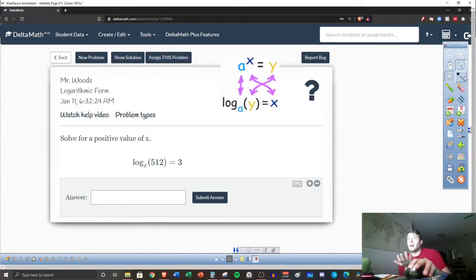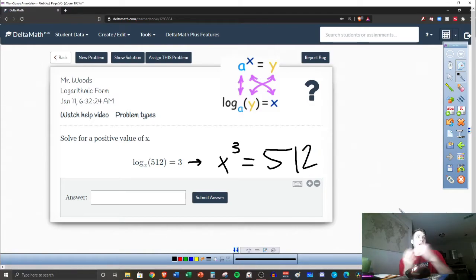We have to convert this to an exponential. So here's where using that exponential is important. It is x to the 3 equals 512. Now, how do we get x by itself? This goes back to older skills. How do we get rid of the 3? Inverse operations. We cube root, right?